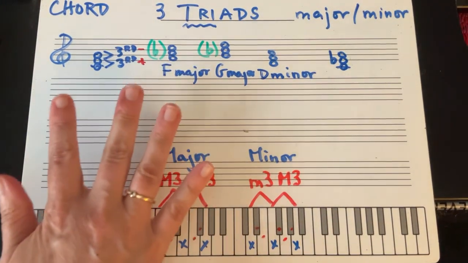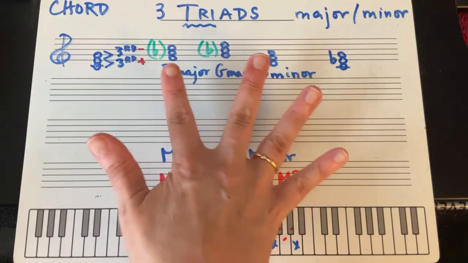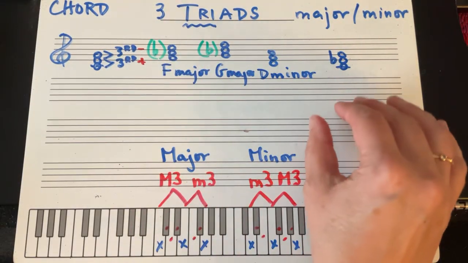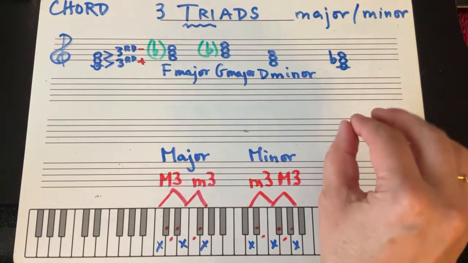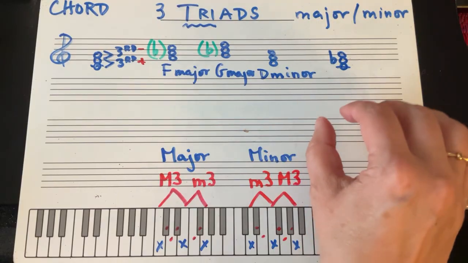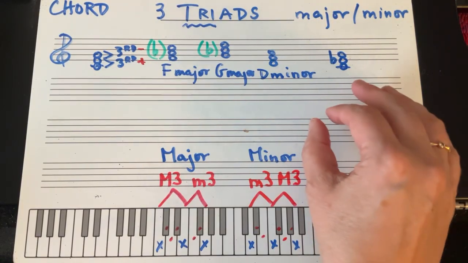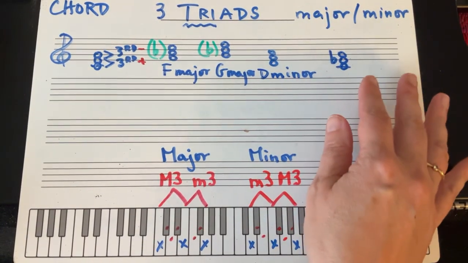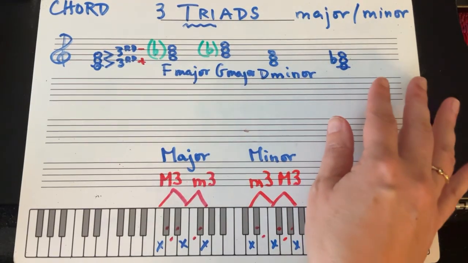So in 3 of these cases, I did change the middle white key to a black key, and oftentimes your hand will kind of learn, all right, if I just take my middle finger and move it to a black key, then that will magically make it minor. That's not really what's going on.